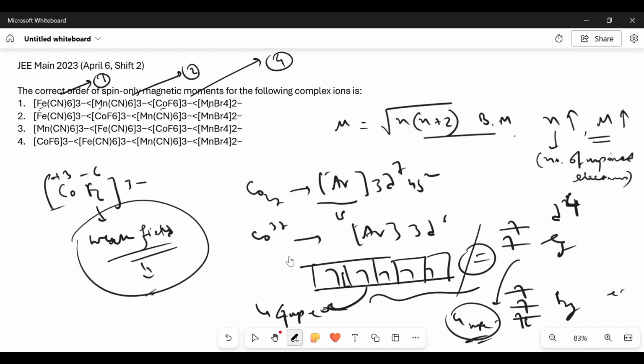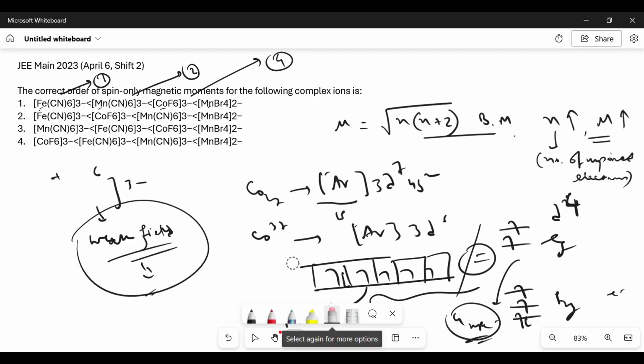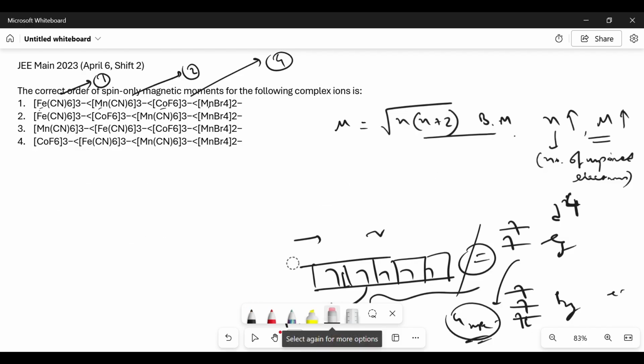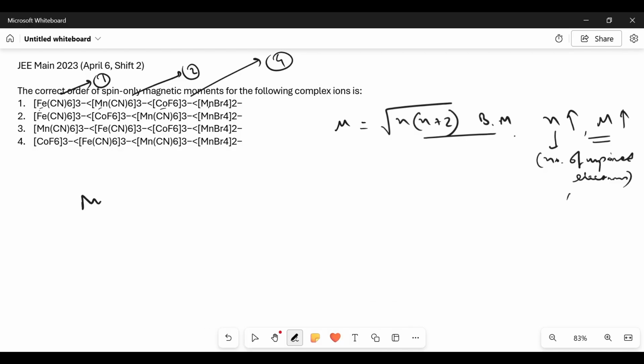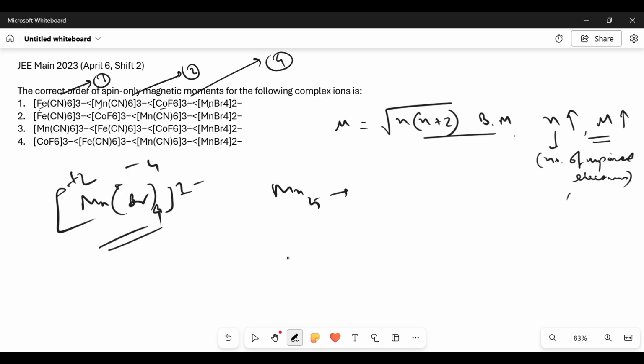Now in case of MnBr4 2 minus. That is a tetrahedral complex because it is Br4, not 6. So minus 4 plus 2, manganese is 25, again Ar 3d5 4s2.